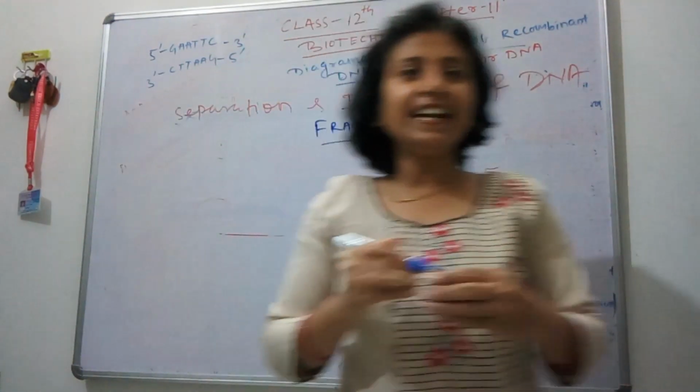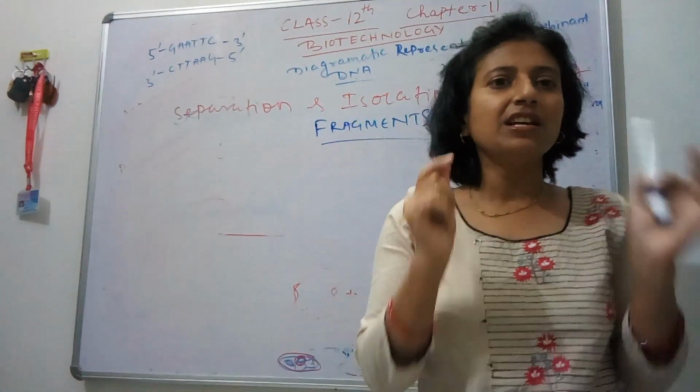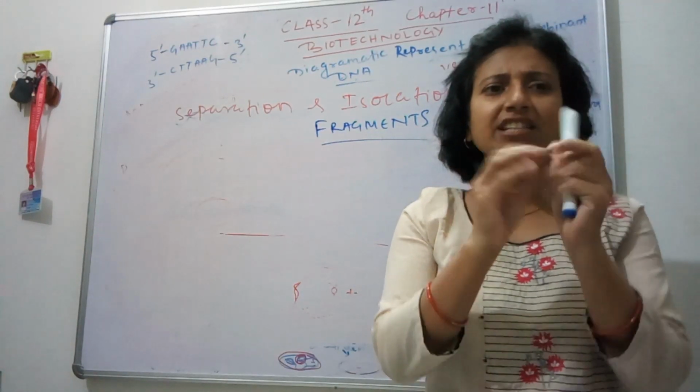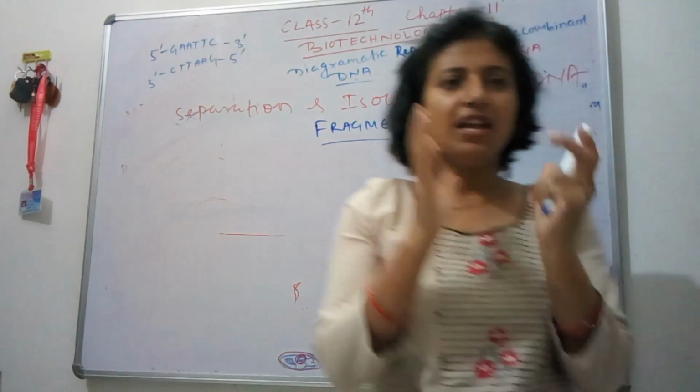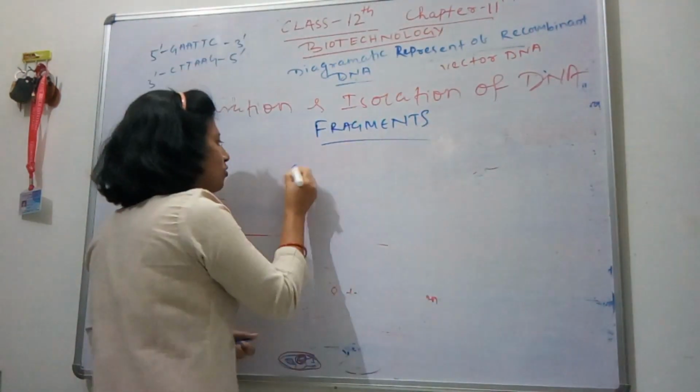So first let's understand how separation and isolation of DNA occurs. First, the DNA is cut by the help of restriction endonuclease and the DNA fragments are formed. These can be separated by the help of gel electrophoresis.